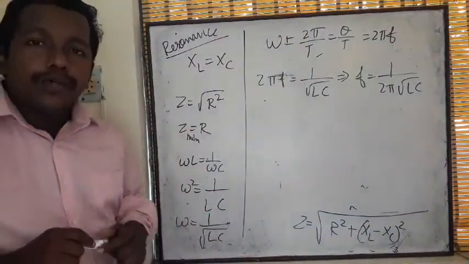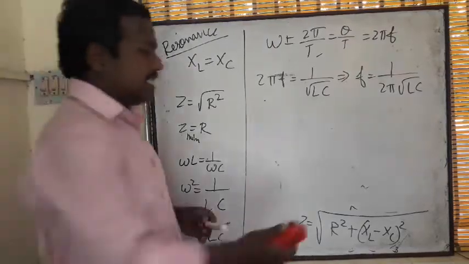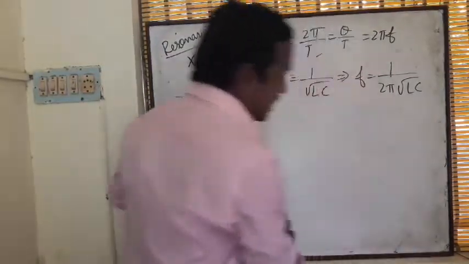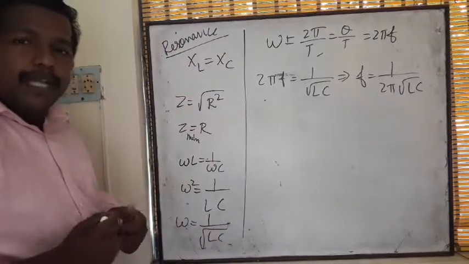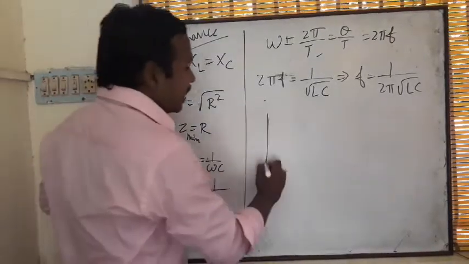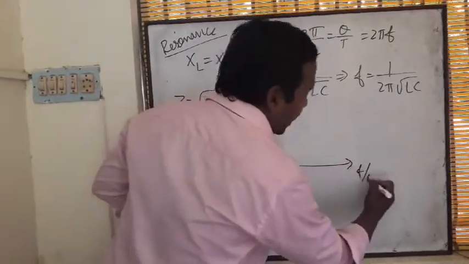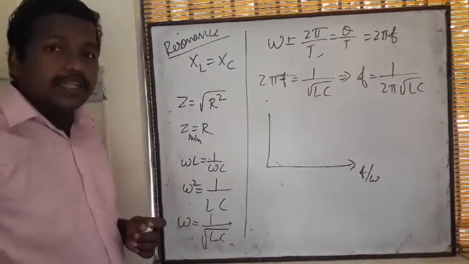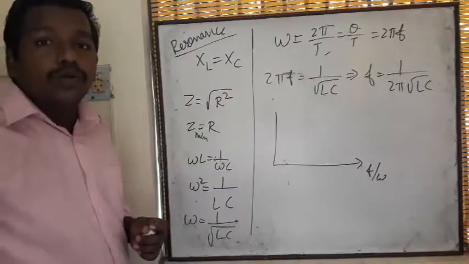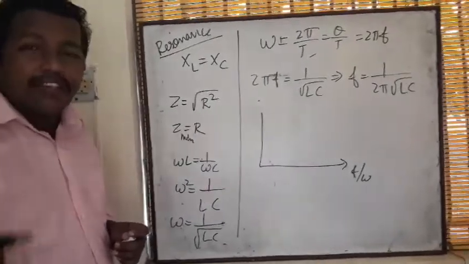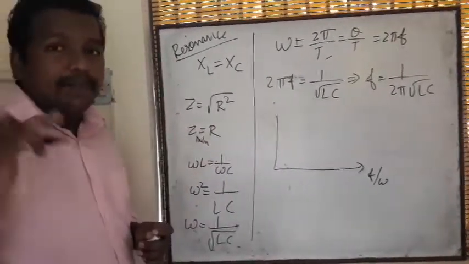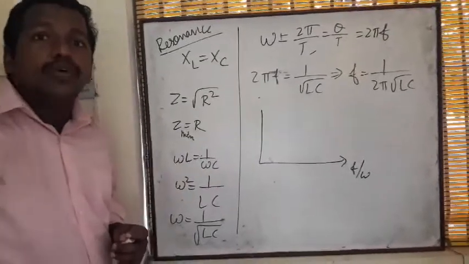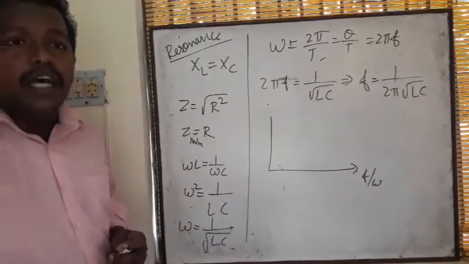Now I am going to draw the graph of the resonance condition. As I said, the resistance is going to be minimum. I am drawing the graph of frequency or omega, and it's the resonance condition. Resonance condition means the applied frequency is equal to the natural frequency. For example, in an LCR circuit, the signal is produced by the FM station.